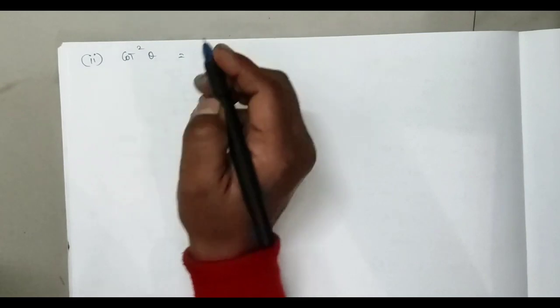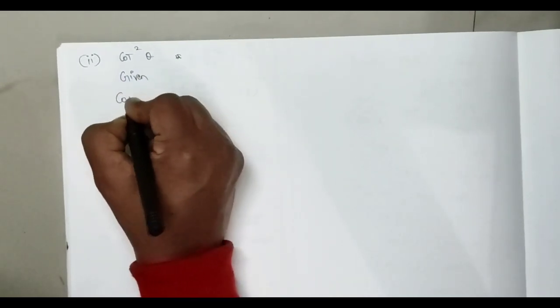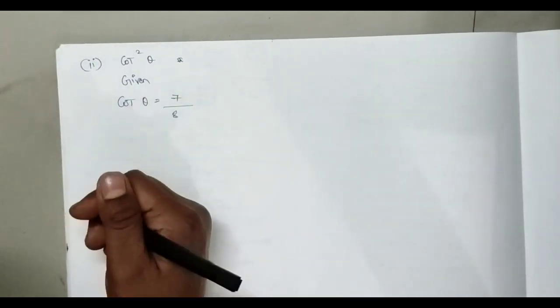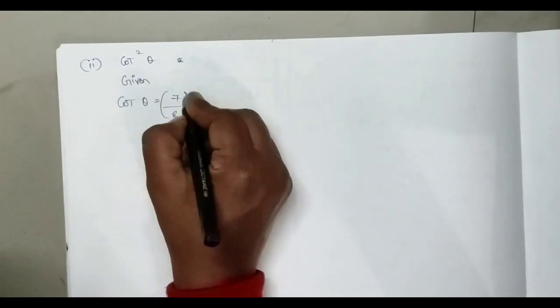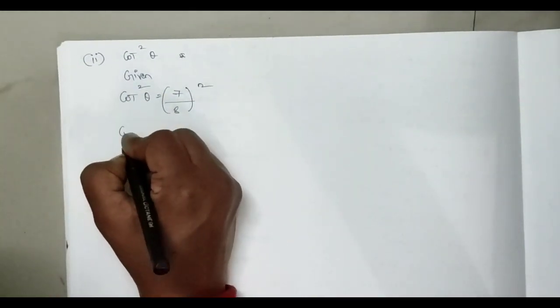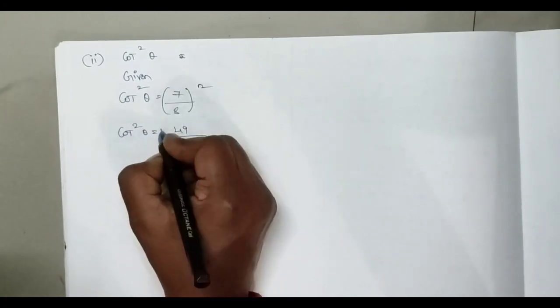We have to find it out, and given is cot theta equals 7 by 8. So what will be cot square theta? Square, that will be the cot square theta. So 49 by 64.